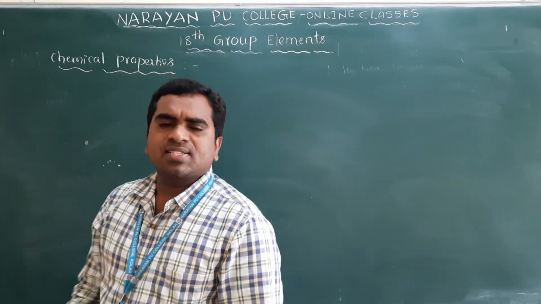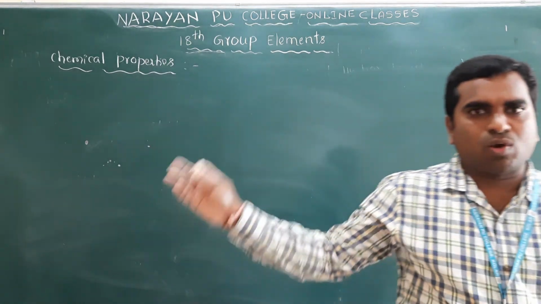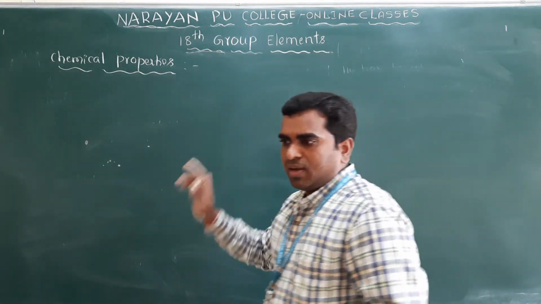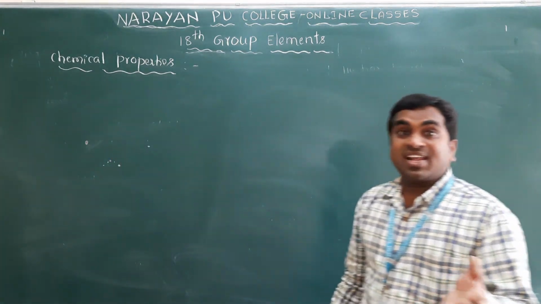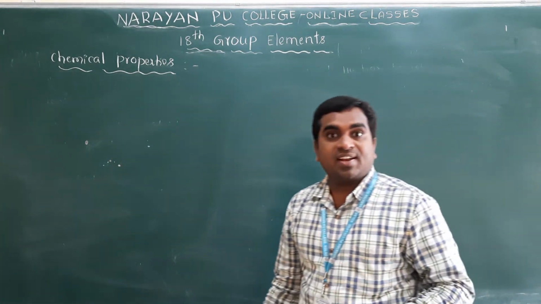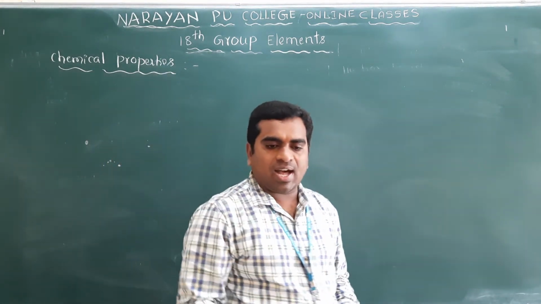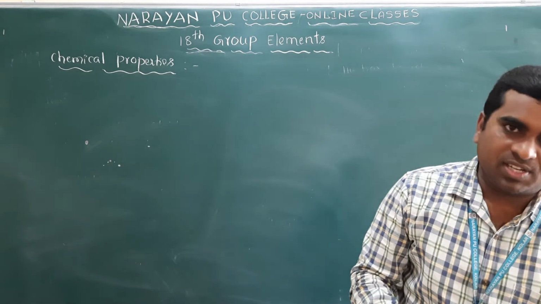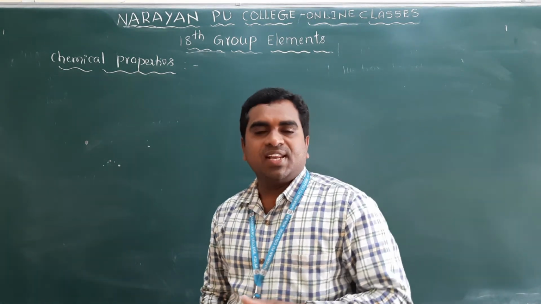Noble gases are almost chemically inert. That's why, as we discussed in the introduction, they can also be called inert gases because of their inertness. Clear? Noble gases are chemically inert due to three reasons. What are those three reasons?